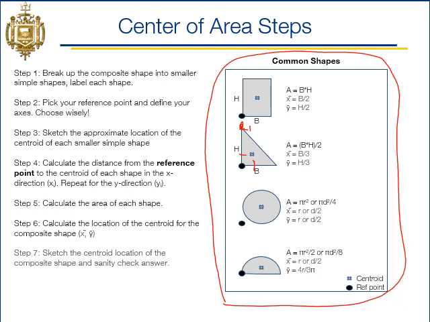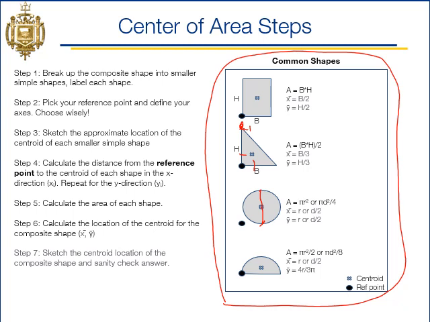Now we've got our circle, so our reference point is here, coplanar with the bottom and the edge of our circle, right? So our x bar distance is just going to be the radius, and our y bar distance is also the radius. Our radius is half the diameter, so that would be the radius, that distance there, and the diameter would be this whole distance.